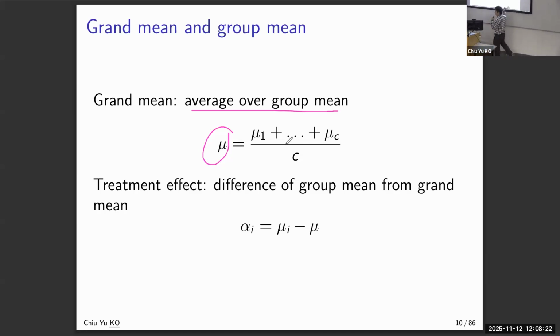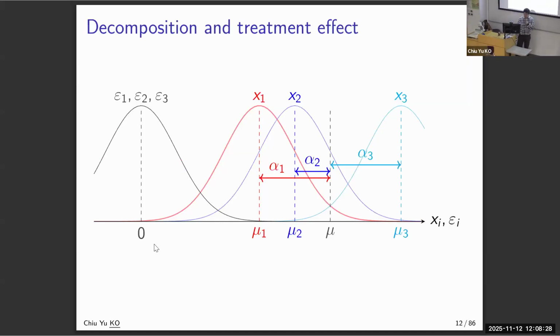Why do we need that? Because we want to express things in the following way. These are all the numbers: mu1, mu2, mu3, and the grand mu, the overall mean, which is the mean of the means. It is exactly the middle, so the left-hand side and right-hand side are the same.